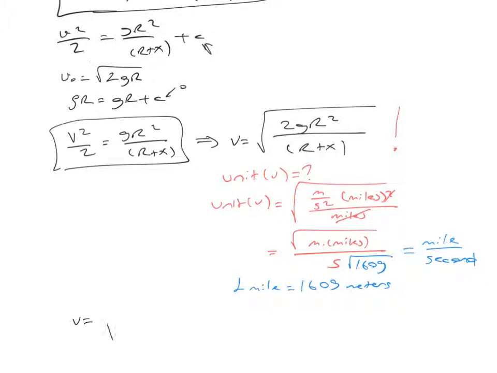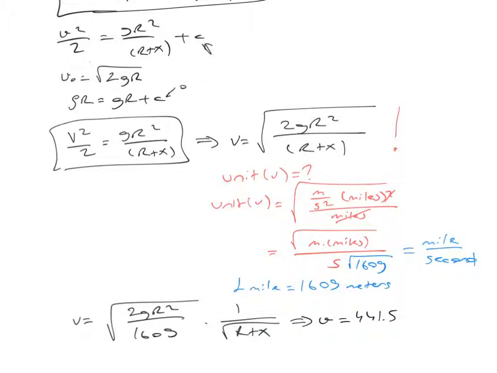Velocity is equal to the square root of 2gR squared over 1609 times 1 over the square root of R plus x. This term is already a constant and it is roughly equal to 441.5. So velocity is equal to 441.5 times 1 over the square root of R plus x.